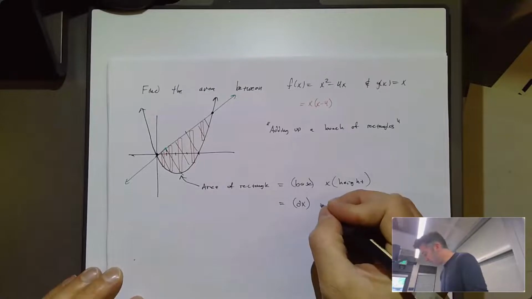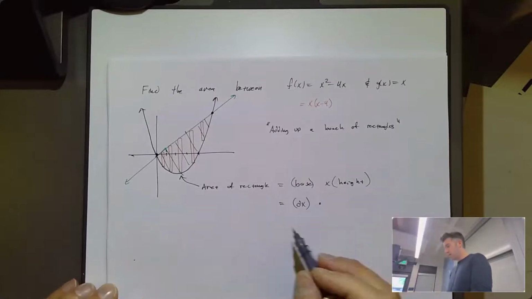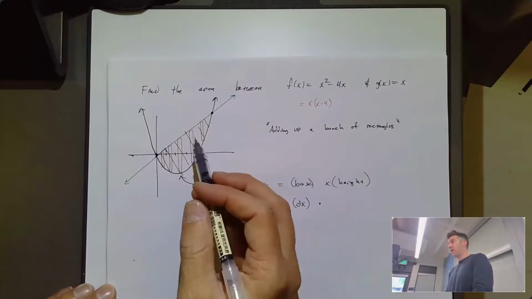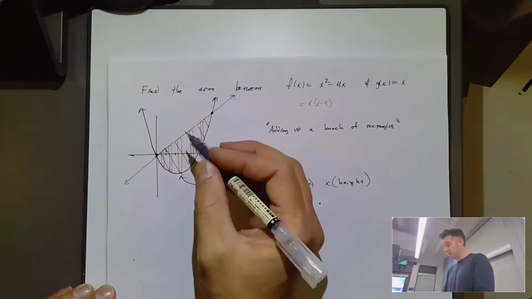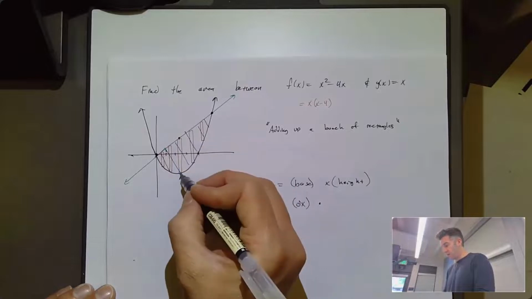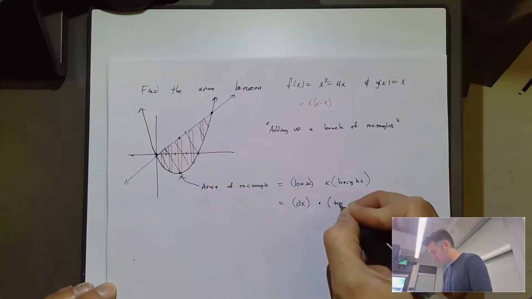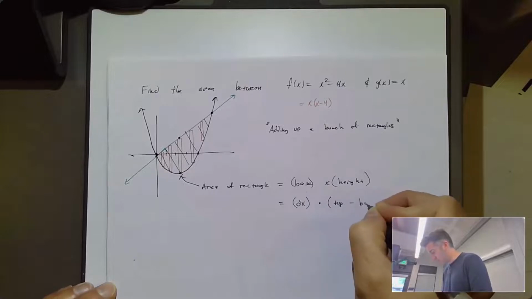And then the height is actually what I want to focus more on here. The height of this rectangle changes as we go from left to right. But the height of this rectangle is always the top value minus the bottom value. The height of that rectangle is the top function minus the bottom function.